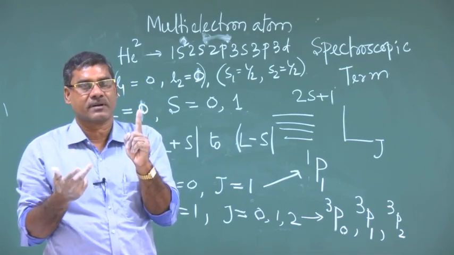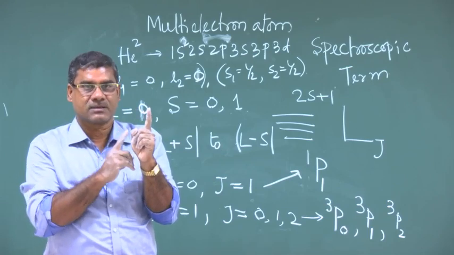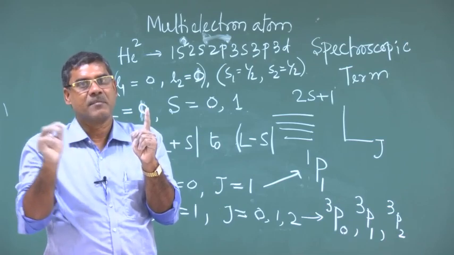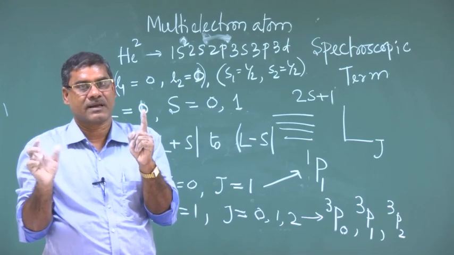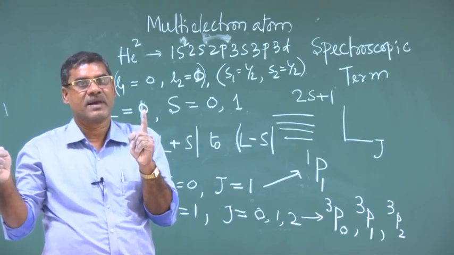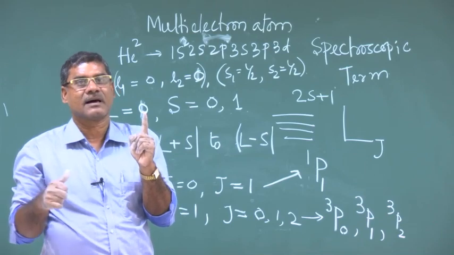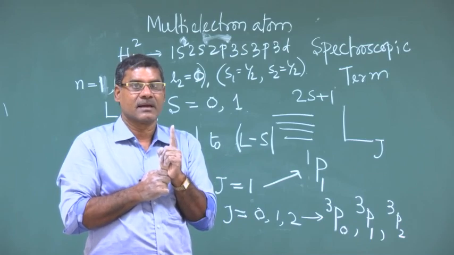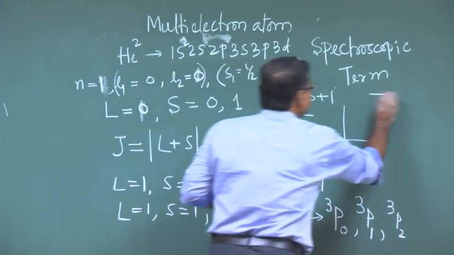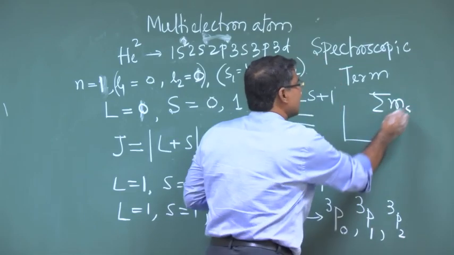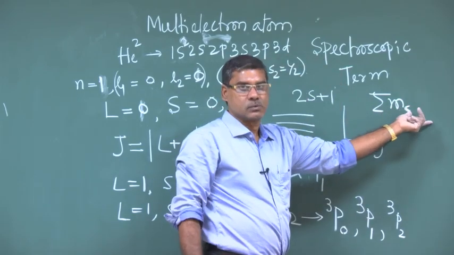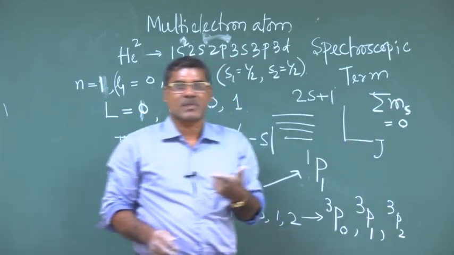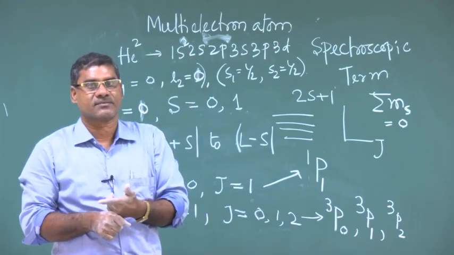Then only it will be different, because our N is 1, L1 and L2 are both 0, and ML in both cases is 0. So the total sum of MS1 and MS2 has to be 0.